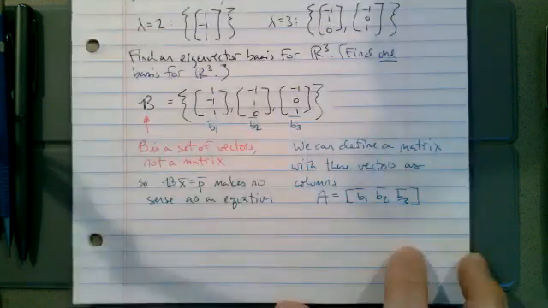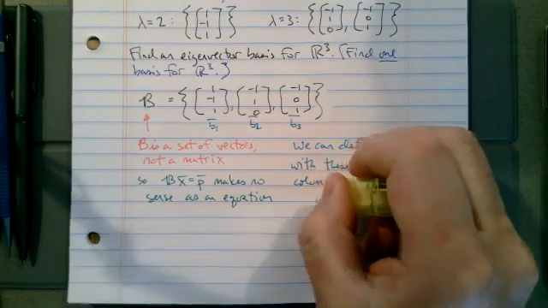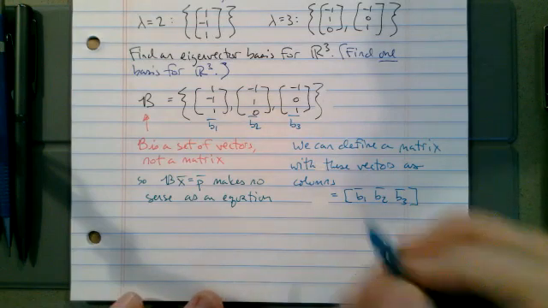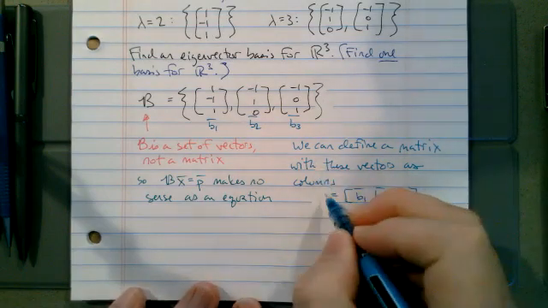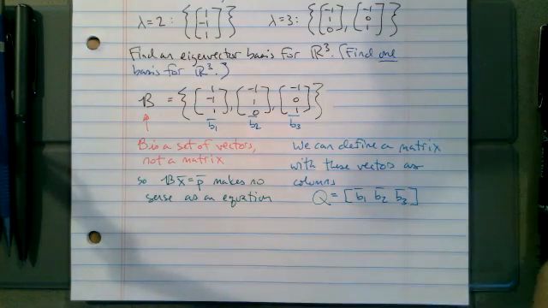Oh, I also shouldn't use the letter A for this matrix, should I? Because A is the original. That was a bad choice on my part. So I'll call this matrix Q. Now I can use this matrix in a matrix equation.